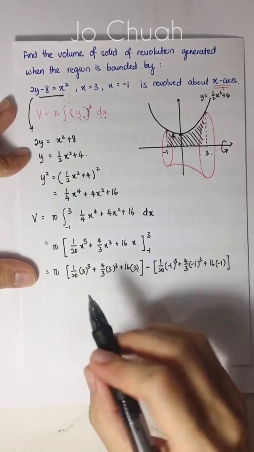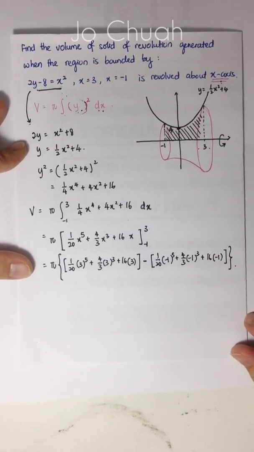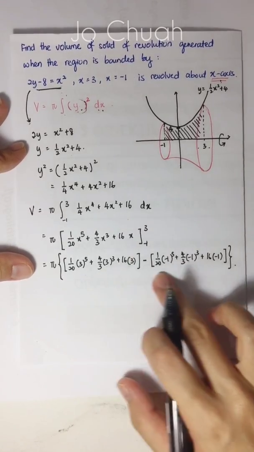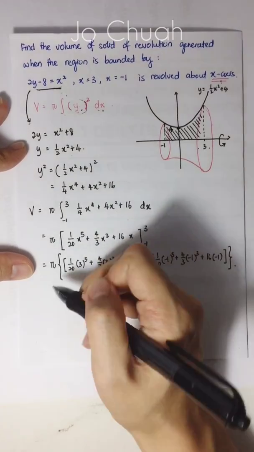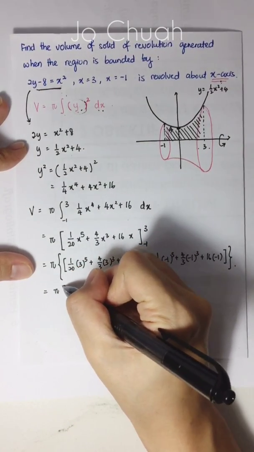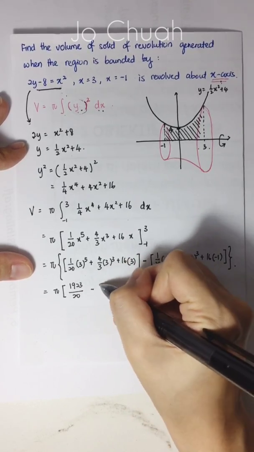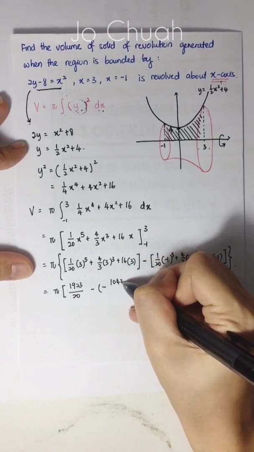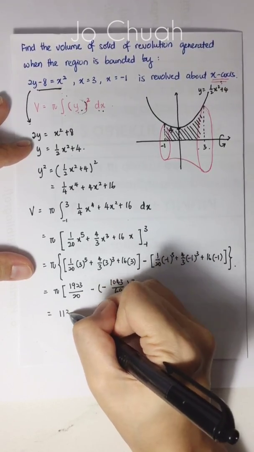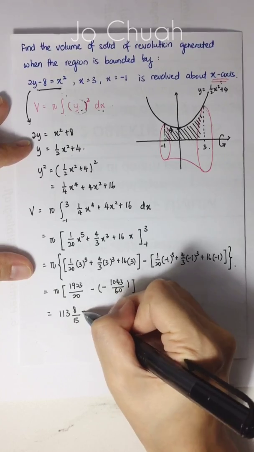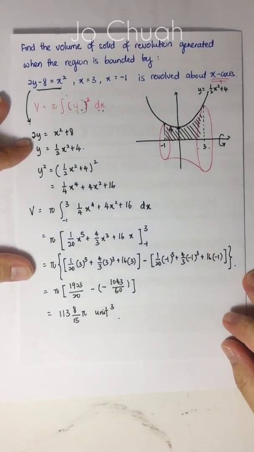And this π is for both of them, so I'm just going to put a bigger bracket for all of them together. Right, you have marks for this substitution, so please don't forget to show this. Quickly press through the calculator. You're gonna get 1, 2, 3 minus -1043 over 60, and the answer is 1138/15 π unit cube for volume.